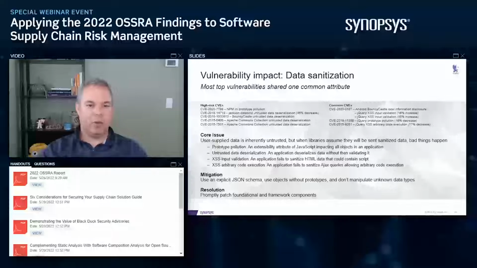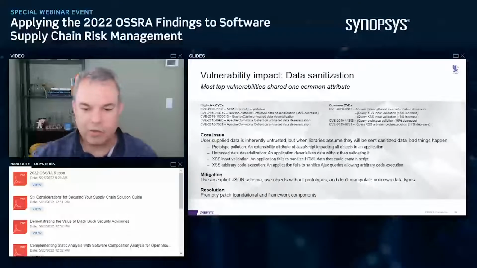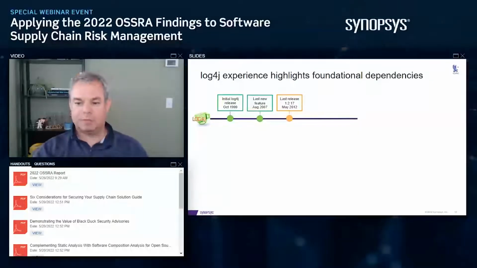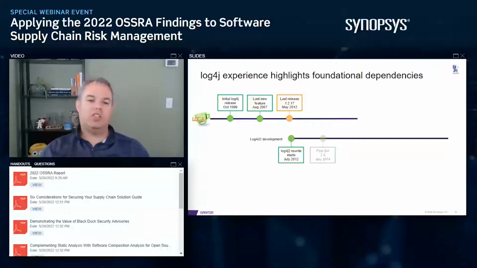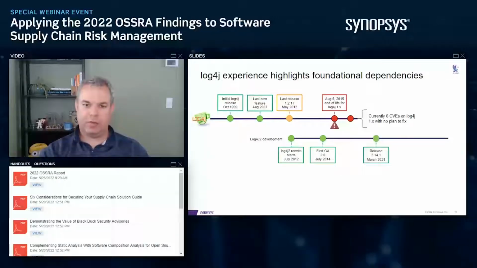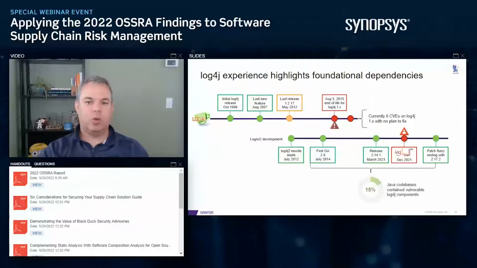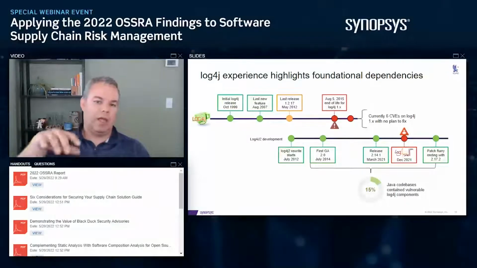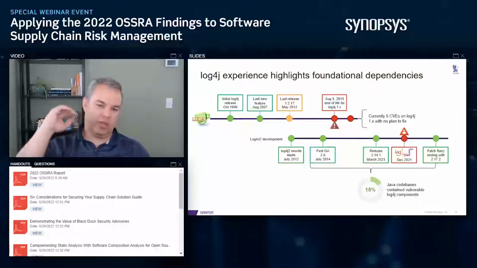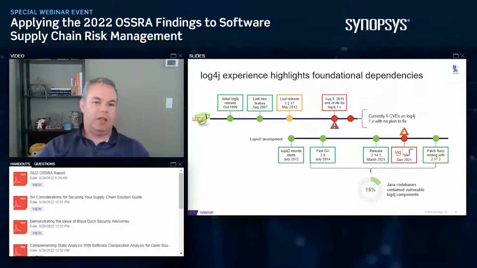Now, the next question, normally I have another slide that comes after this. So the next question, we'll just go through and build this back out, is effectively, what does this end up meaning for me? We did some internal analysis following the OSSRA report, and what we found was that there are actually 3 times as many deployments of Log4j 1.2.17 as there were for Log4j 2.